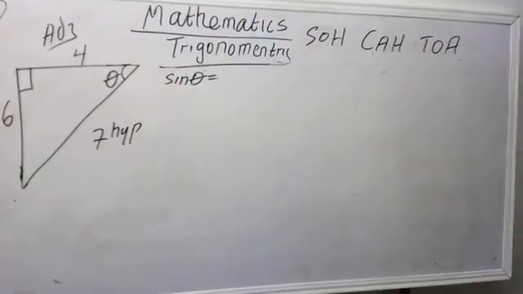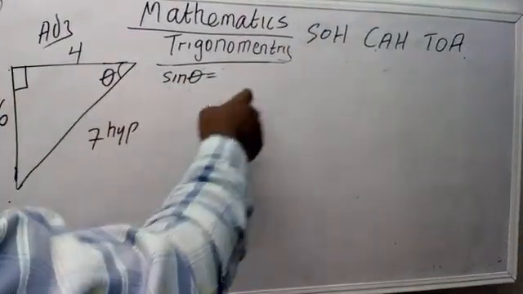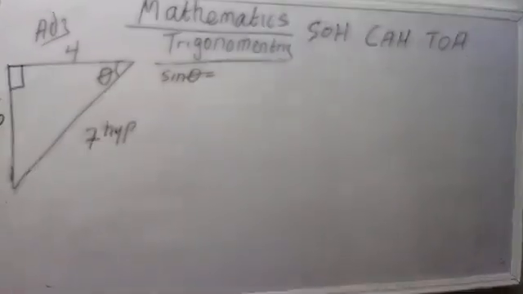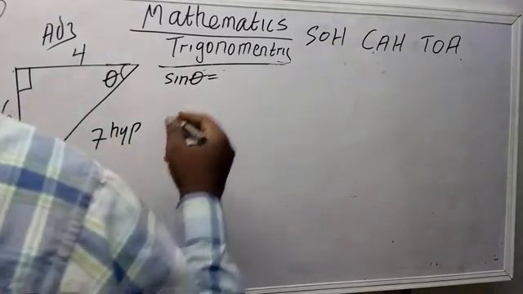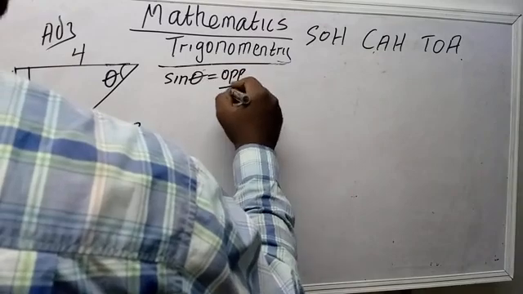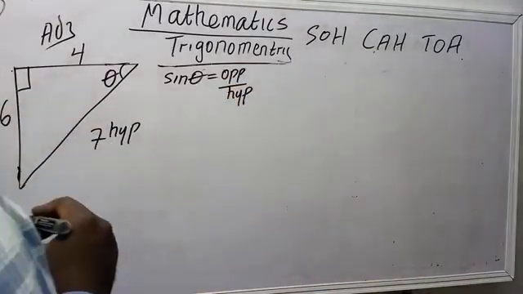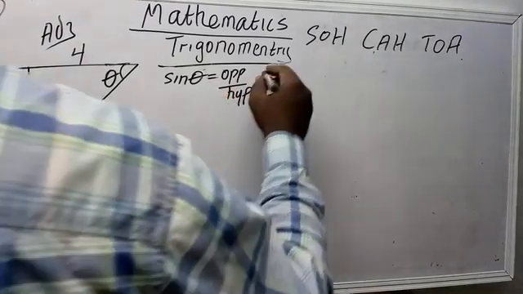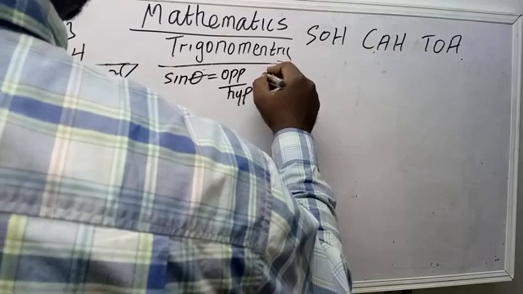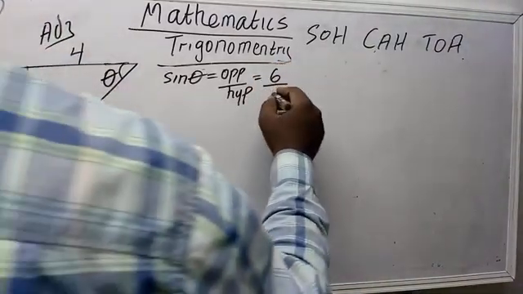So sin theta means opposite over hypotenuse. The opposite is what? You can see opposite is 6. Hypotenuse is what? 7.